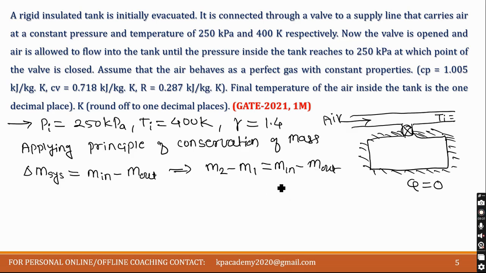Now in this case, initially the tank was evacuated, so m1 becomes 0 because there is no mass present inside the tank. And as the valve is closed, m out is also 0 because air is not passing out of the tank. So we can write directly from this equation, m2 is equal to m in.